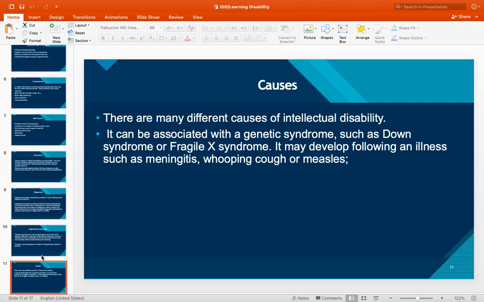Some of the causes, when we think about some of the causes of intellectual disability, we do look at things like the genetic syndromes, such as Down syndrome and Fragile X syndrome. Some of these things do cause some concerns as well. And then illnesses: meningitis, whooping cough, and the measles.